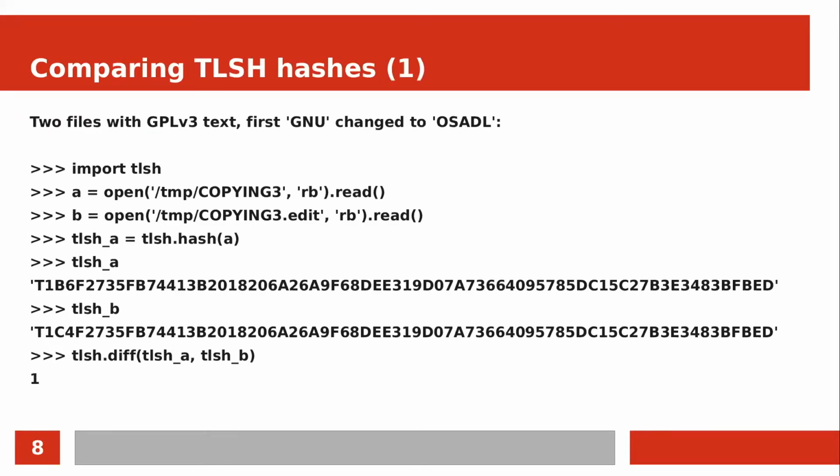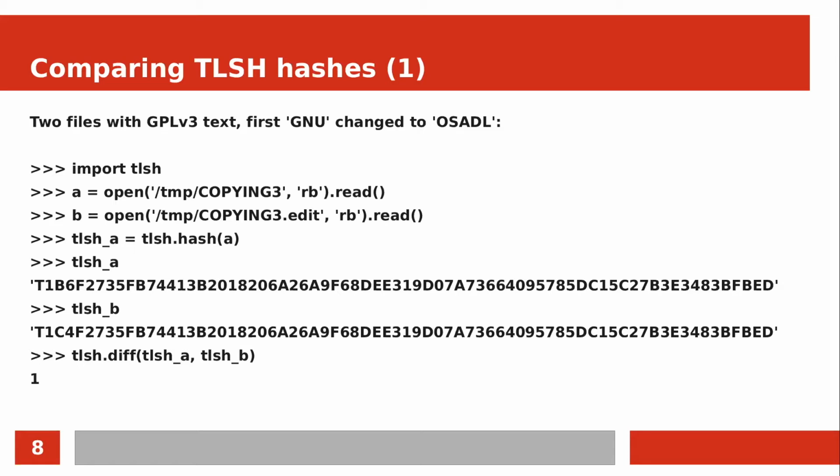What I did is just a small test. I had two files with GPL version 3, and in the GPL version 3 text, I replaced the first GNU with OSADL. The reason is that I also gave this talk for OSADL yesterday, and I'm just copying that example.